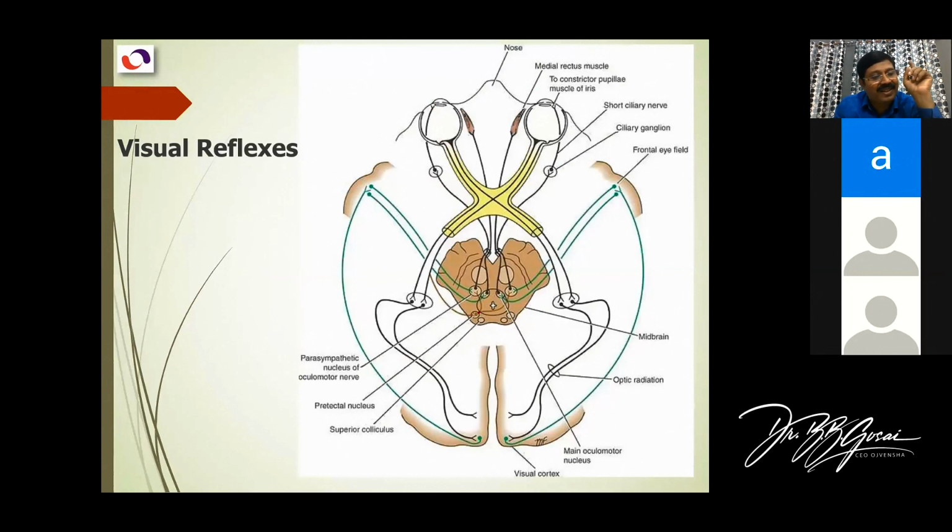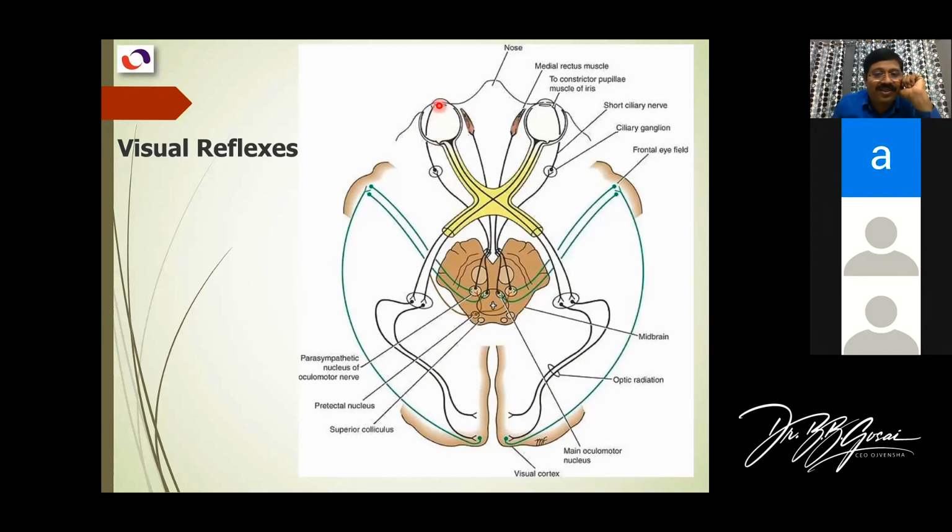In the midbrain, there is a nucleus known as the pretectal nucleus. This pretectal nucleus sends fibers to both sides of the oculomotor nerve nucleus. The oculomotor nerve is the third cranial nerve, and its nucleus is in the midbrain. So the fibers projecting from the pretectal nucleus go to both sides of the oculomotor nucleus.